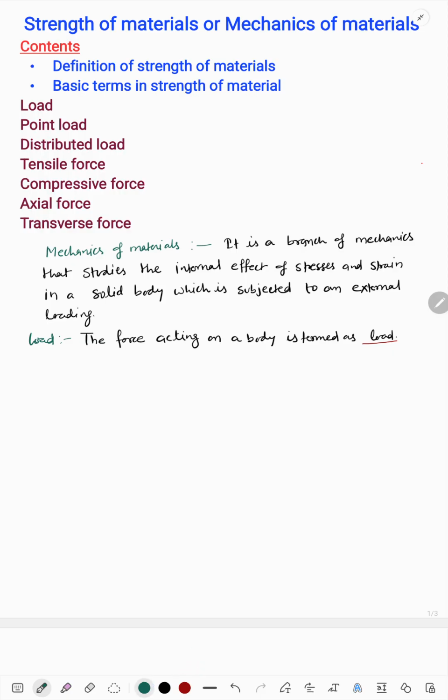Next, point load. What is the meaning of point load? A concentrated load is known as point load.